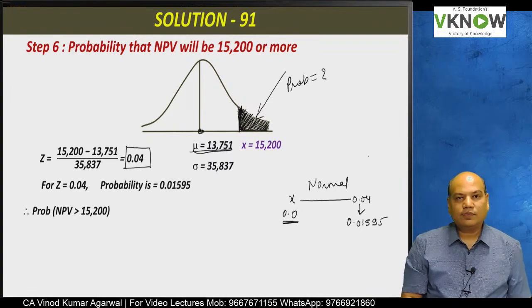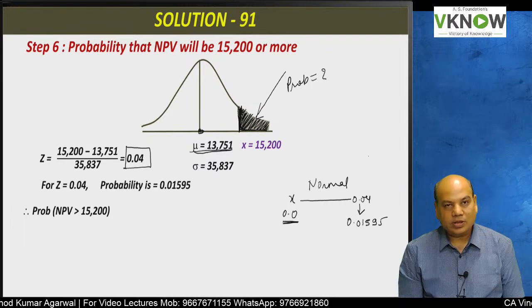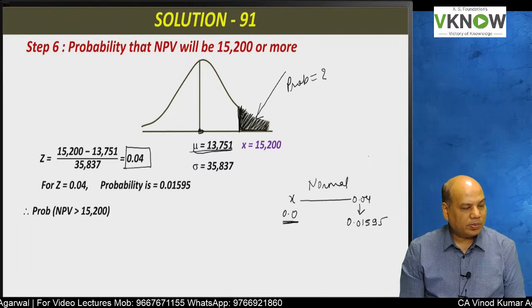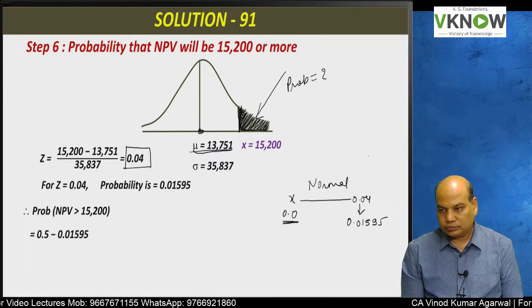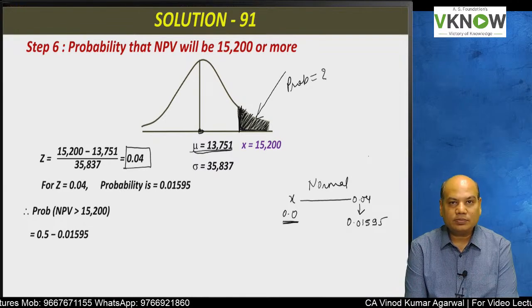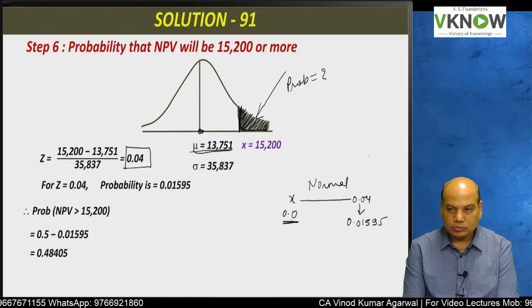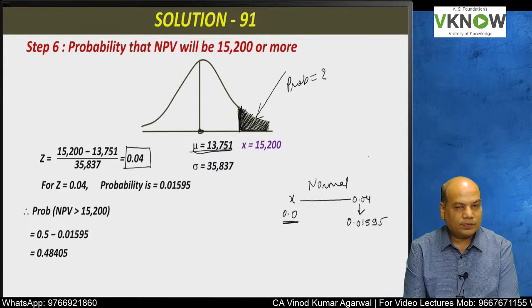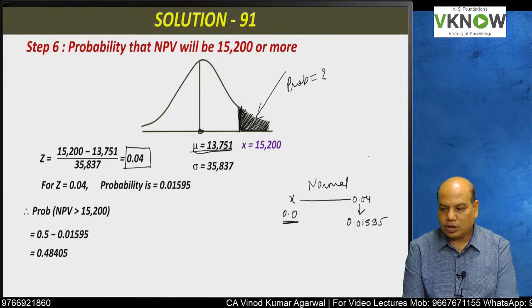Therefore, probability that NPV will be greater than 15,200 is equal to 0.5 minus 0.01595, which is equal to 0.48405.